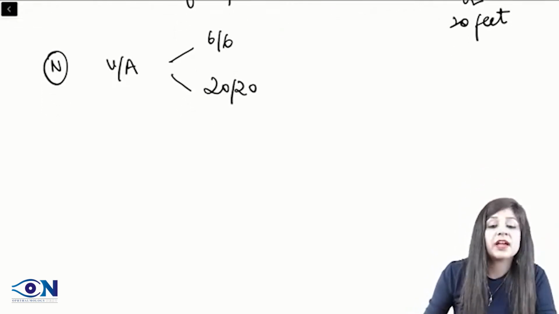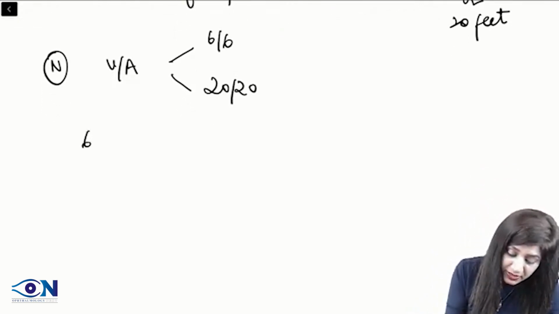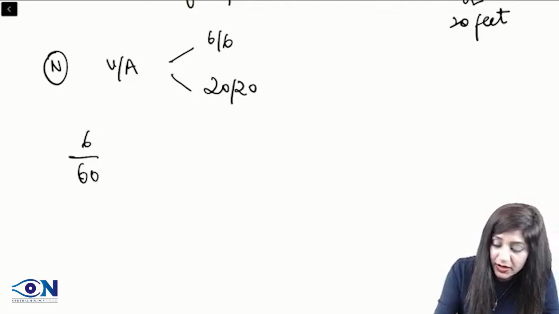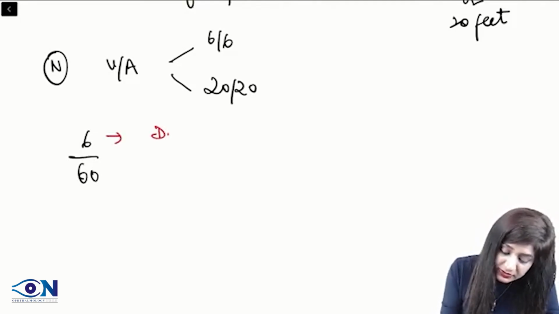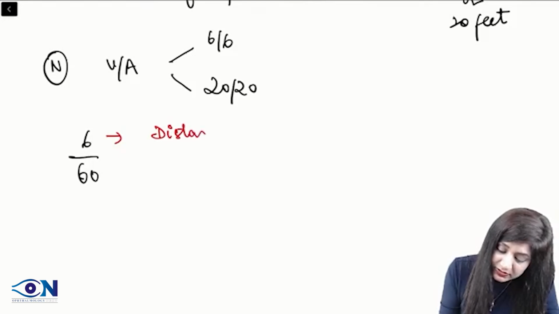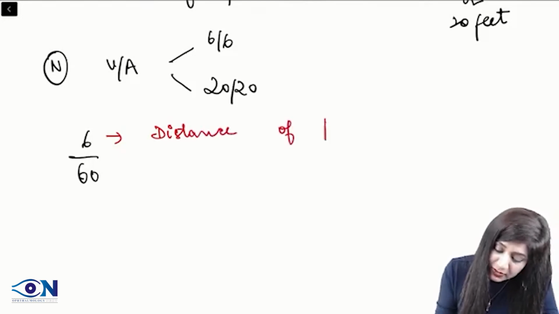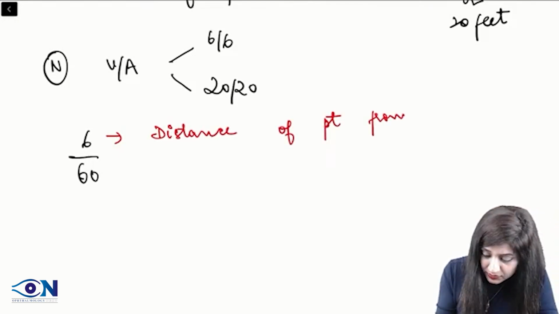And whenever we are talking about the visual acuity, suppose I talk about 6 by 60. So this 6 actually is the distance of the patient from the chart.